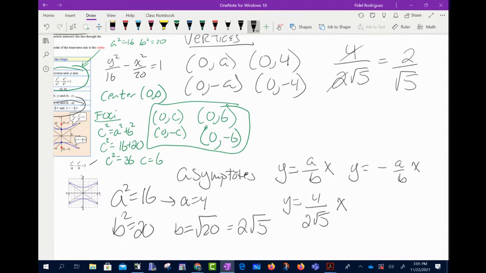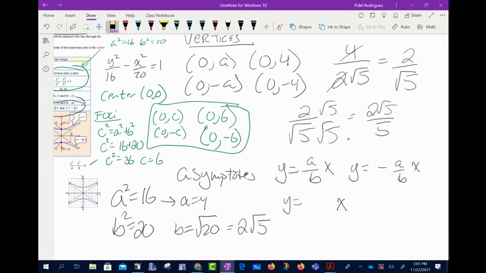So this is really the same thing as 2 over the square root of 5. Do you remember how we rationalize denominators? It's been a long time since we've done it. What would I need to multiply the top and the bottom by? Square root of 5 here, square root of 5 here. So this gives me 2 square root of 5 over 5, right?